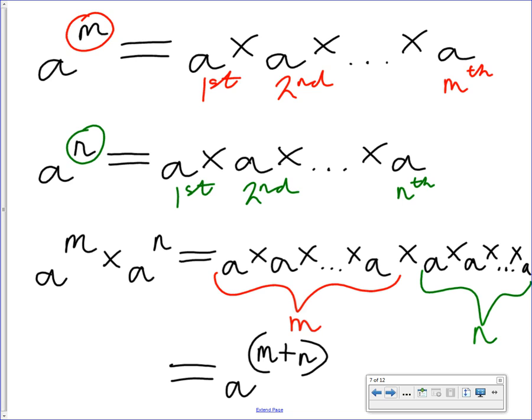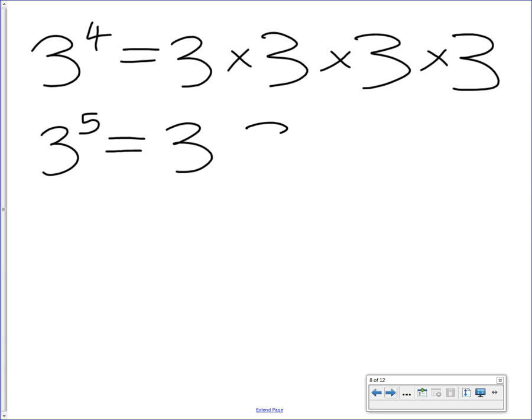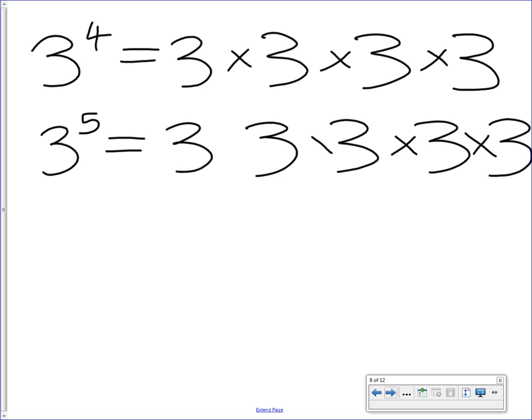And as an example, I can show you, for instance, that 3 to the power of 4 is obviously 3 times 3 times 3 times 3, and 3 to the power of 5 is 3 times 3 times 3 times 3 times 3. Now, if I multiply them together, I would have 9 3's altogether with multiplication signs in between them.